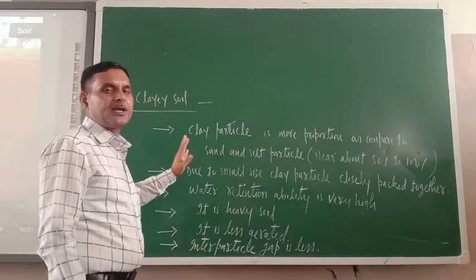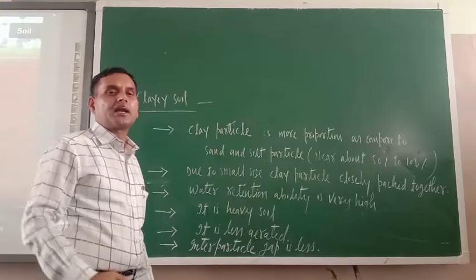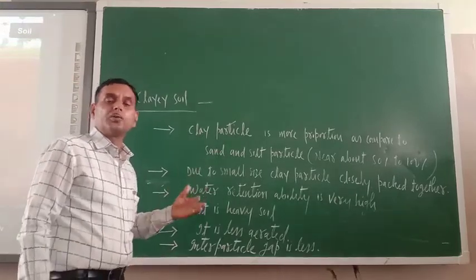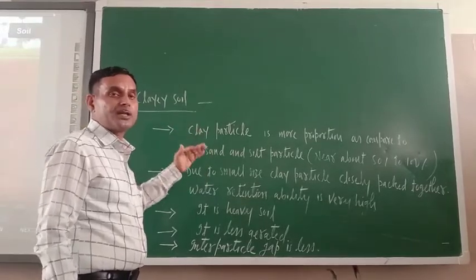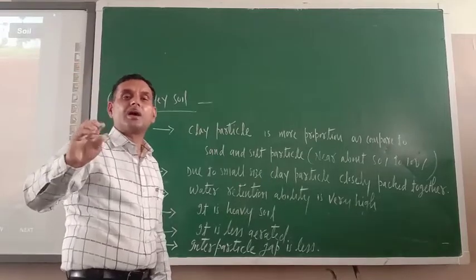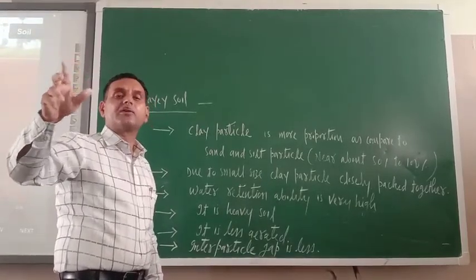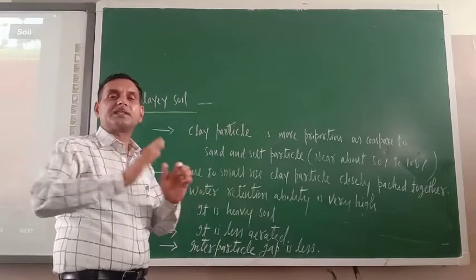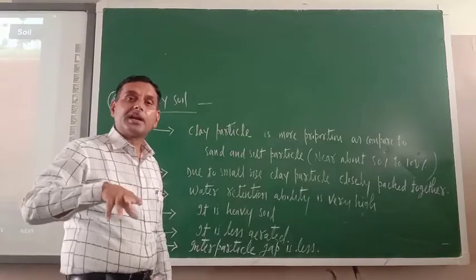Once again I am repeating here. The maximum proportion of particles is clay particles only, as compared to silt particles and sand particles. Clay particles are more in this soil, and since these particles are very small, their packing is very close. Since their packing is very close, interparticle spaces, interparticle gaps are less. So water will not drain quickly.